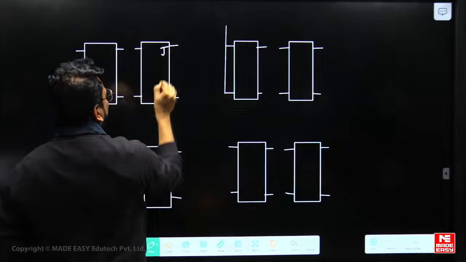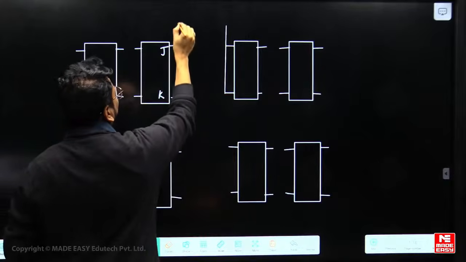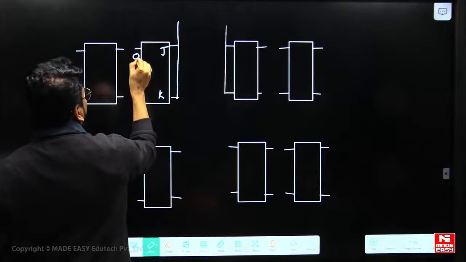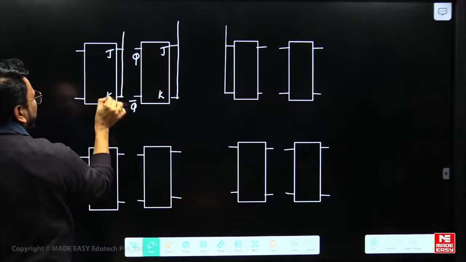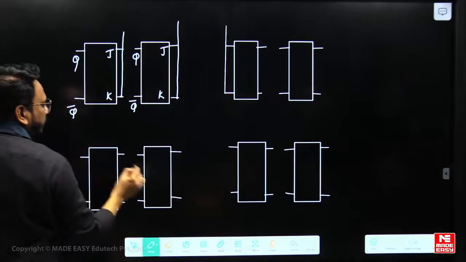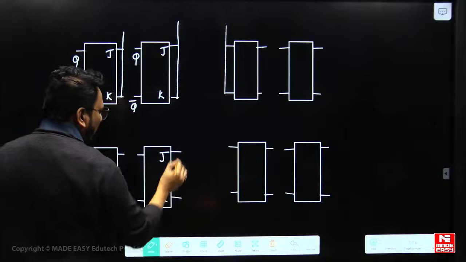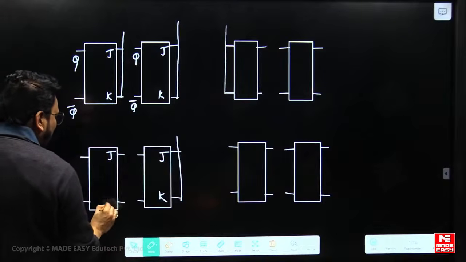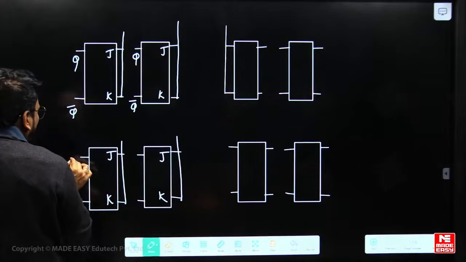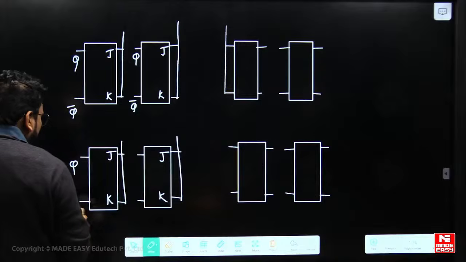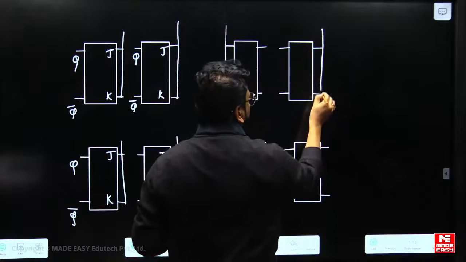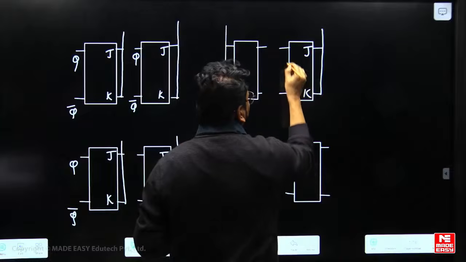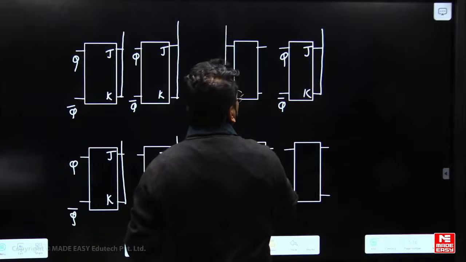Here this is J, K, here Q bar, and this is J, K, Q bar. So all these are T flip-flops. As you know, in the case of asynchronous counters, to get the order properly, we are using this. These are all T flip-flops only. J, K, Q bar.